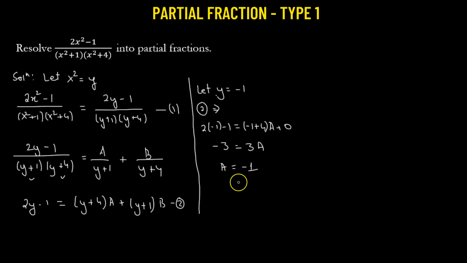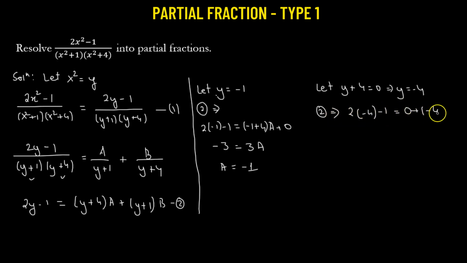So solving for a, we get a equals -1. Now we will have to find out the value of b. We'll choose a special value of y such that the first term goes to 0 and we are left with only the second term. So here, if we let y plus 4 equals 0, that means y equals -4, then our first term is going to go to 0. Now the entire equation number 2 will become 2 times -4 minus 1 equals, the first term is 0, plus the second term, which is (-4 plus 1) multiplied by b.